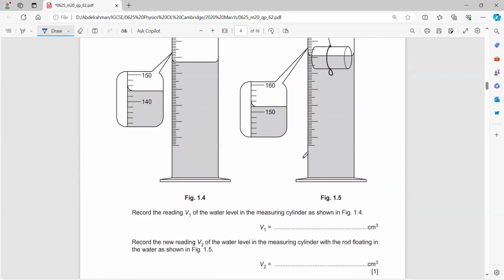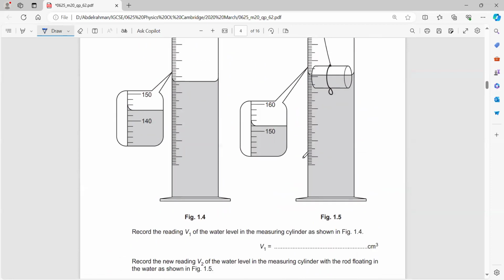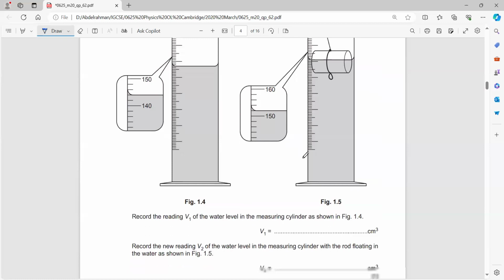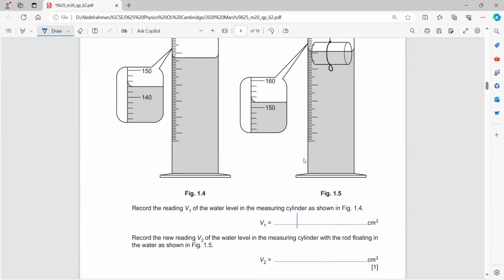Moving on to method 2, the student pours water into a measuring cylinder. The initial V1 was 144. Yes, that is correct. V2, no, it's not 151. V2 would be 152.